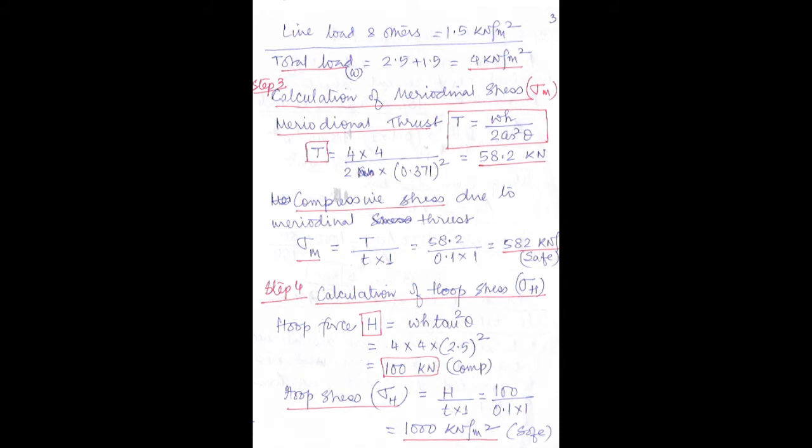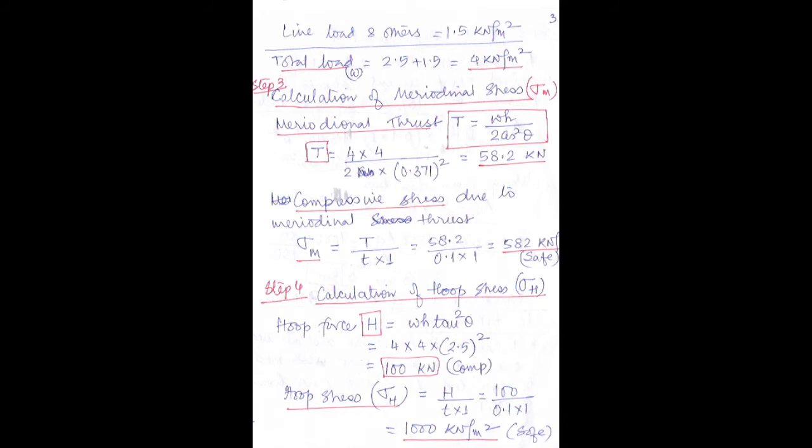If we substitute the values, T value is 0.1 and length is 1 meter, as we are finding per 1 meter length. So this gives the value of sigma m, that is the meridional stress, as 582 kilonewton per meter square. So this value is safe.